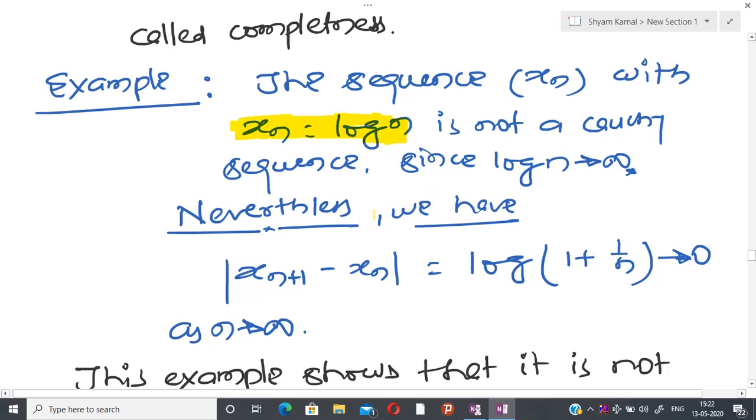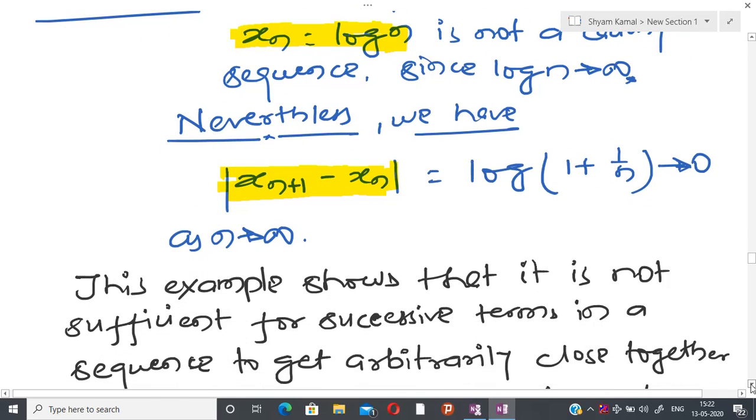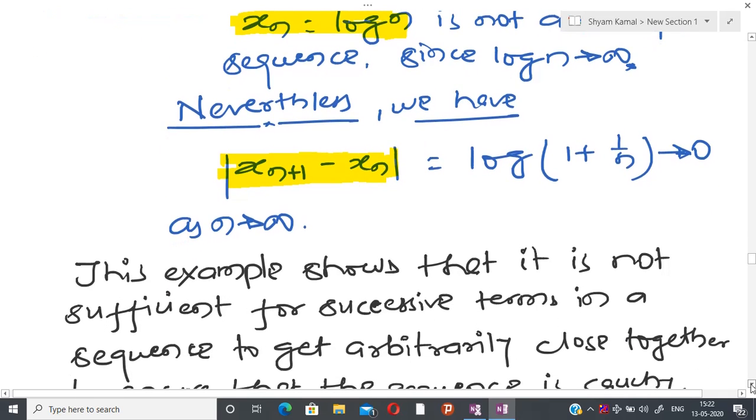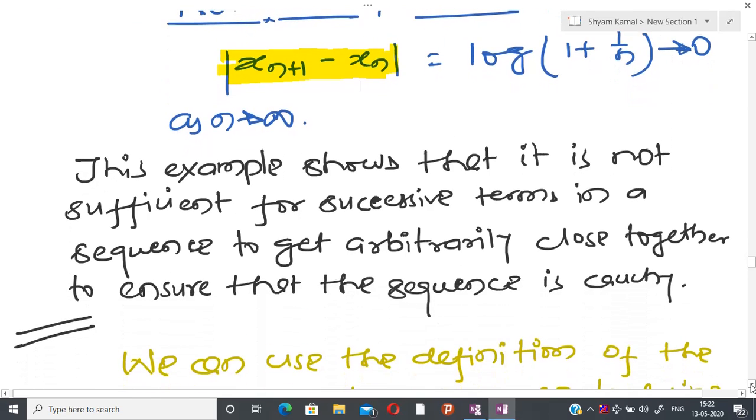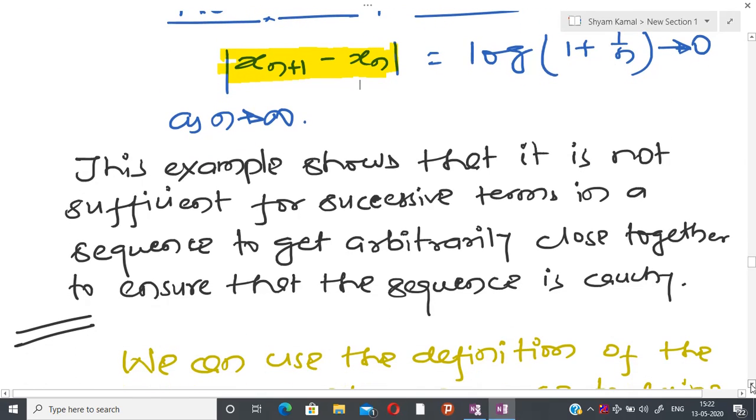Here you can see another thing: the distance between two successive terms tends towards 0, so by seeing this, one can be confused into thinking that this sequence is a Cauchy sequence.